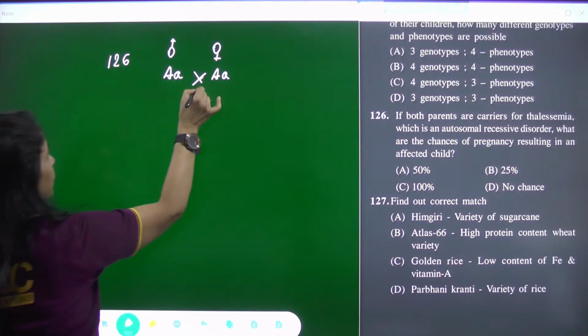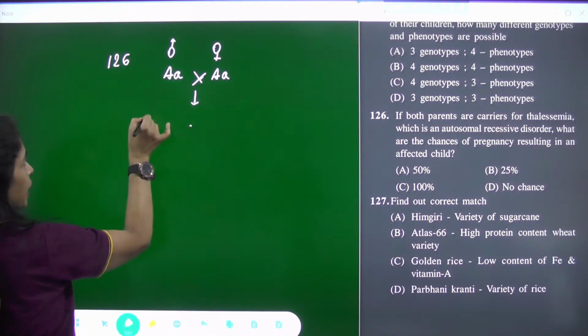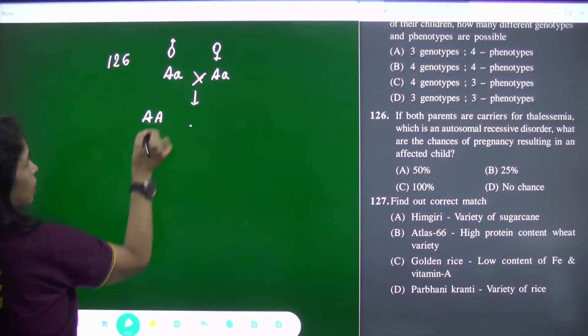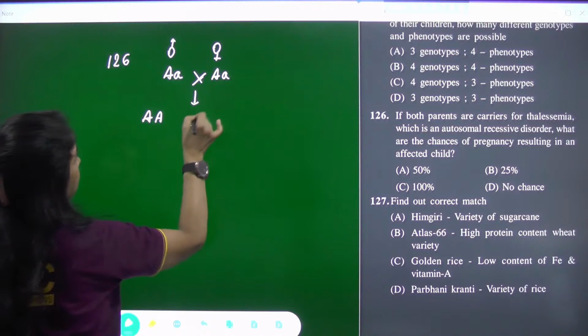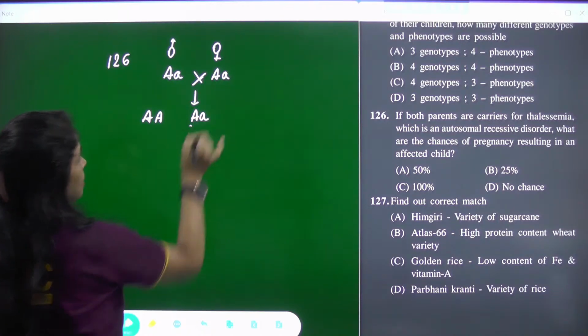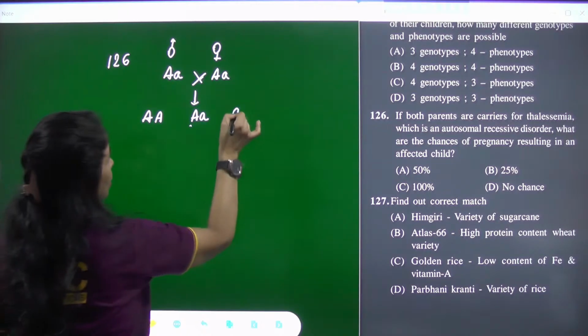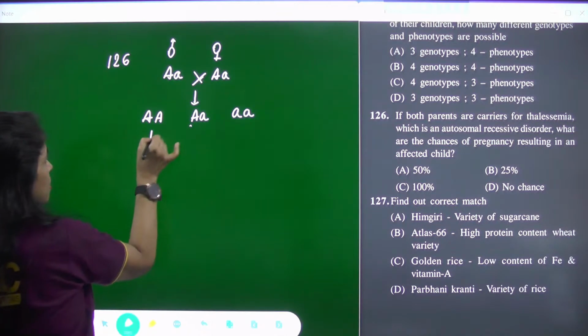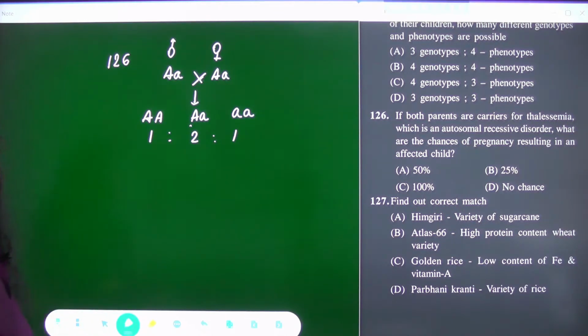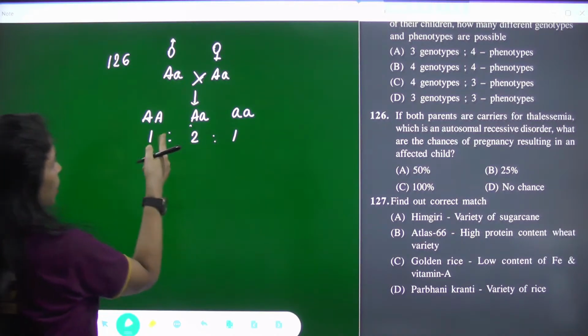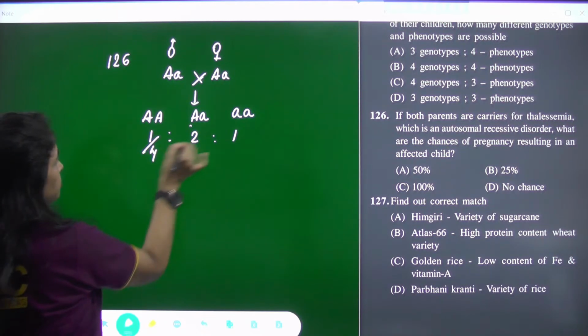So what are the combinations of genotype in the child? These combinations may come. Fine. This is another combination. Fine. 1:2, 2:1, 1:4, that is.